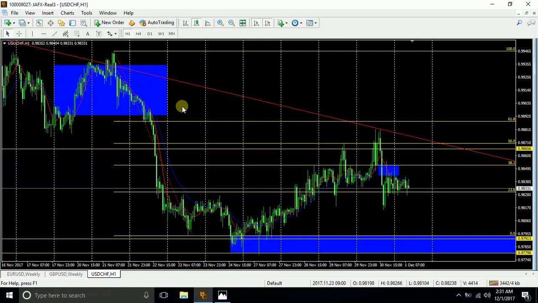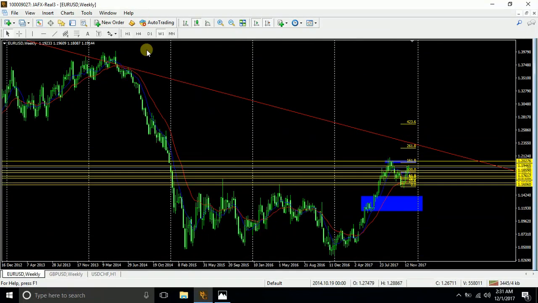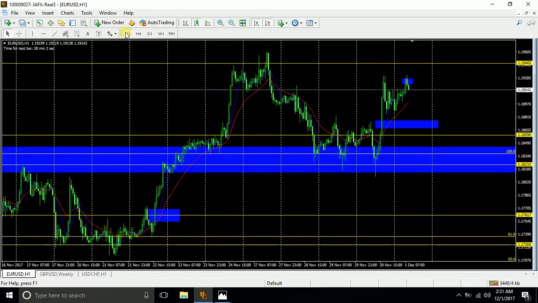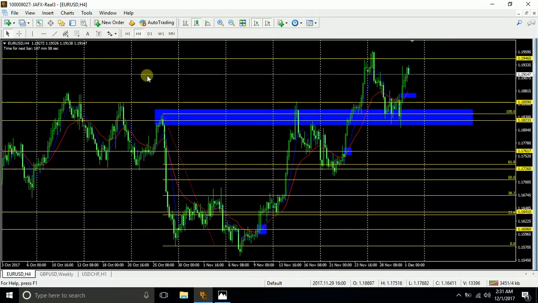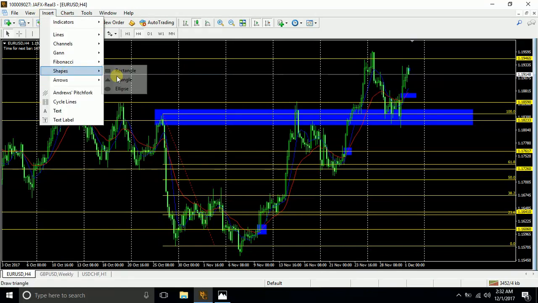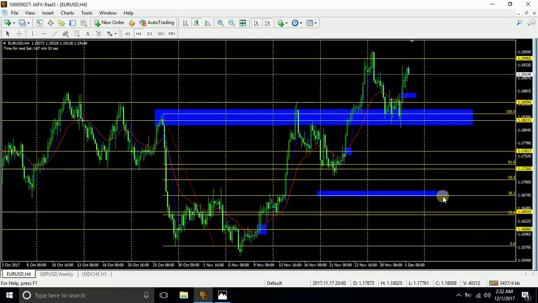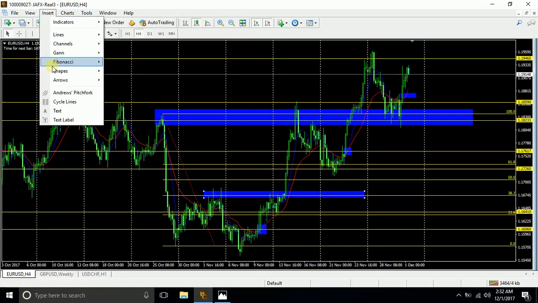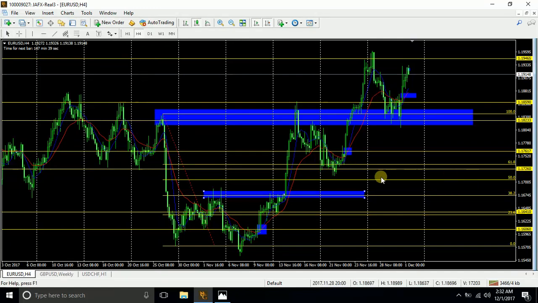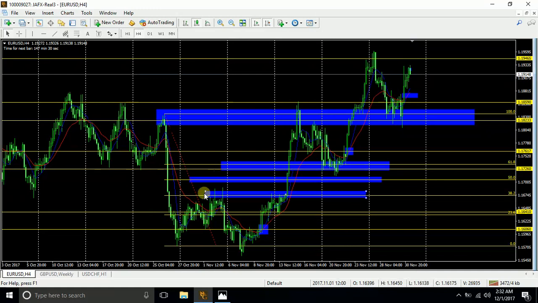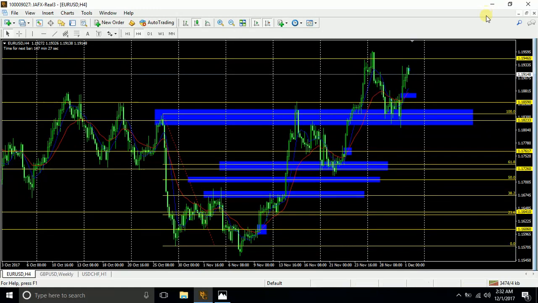Now, as I stated before, if we were anticipating that the euro USD were going down, we would have turned around at the 31, the 38, the 50, or the 61. But we didn't, so we're looking for a higher push.